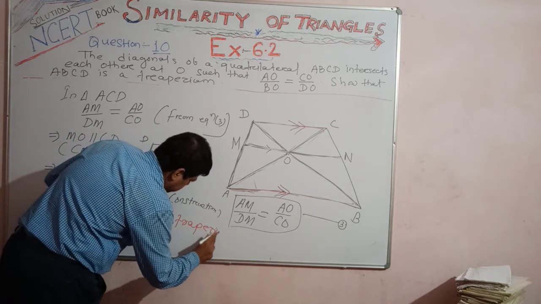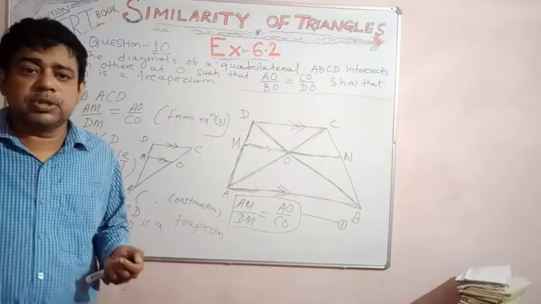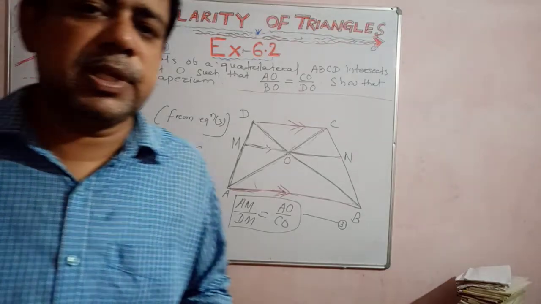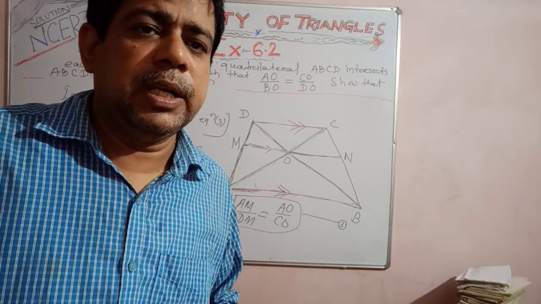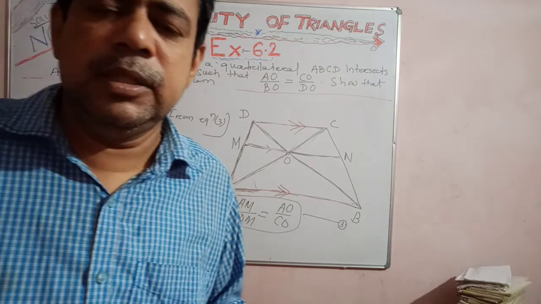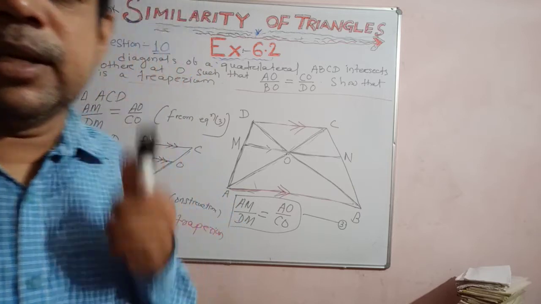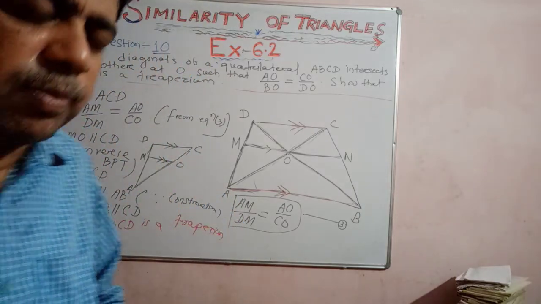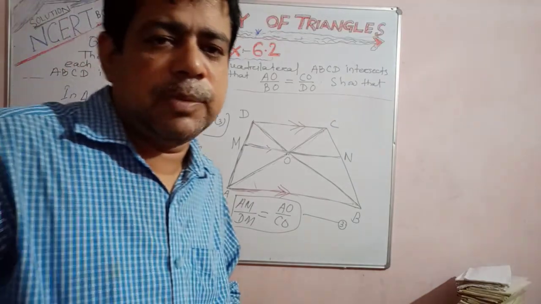And this is how you can use the concept of the basic proportionality theorem and converse basic proportionality theorem to prove the geometrical statement that a quadrilateral can be a trapezium under certain conditions.